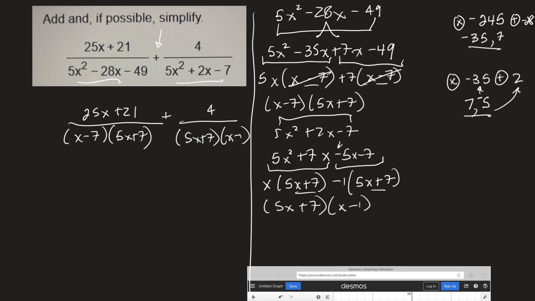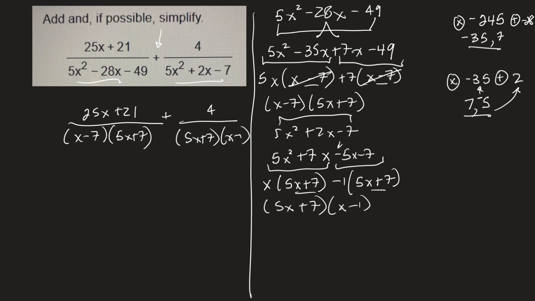Let me get rid of these decimals. Okay, so now what I need to do is get a common denominator. So my first one has an x minus 7 and a 5x plus 7. So that has to be part of my common denominator. X minus 7 and a 5x plus 7. Okay, and on the top there I've got 25x plus 21.